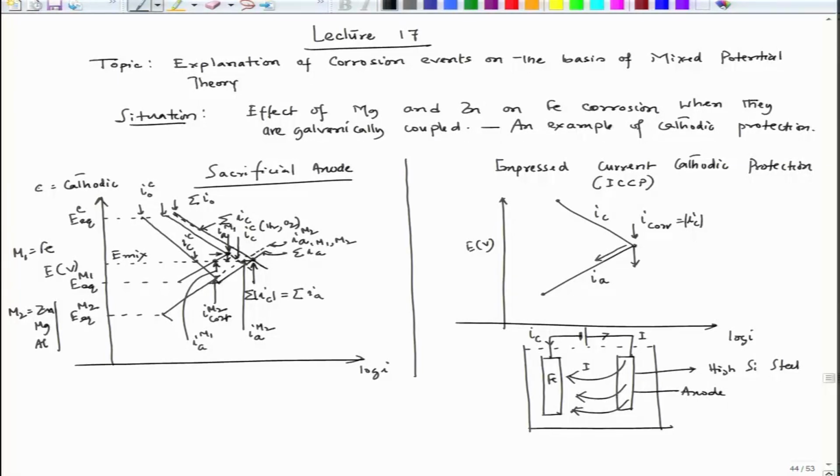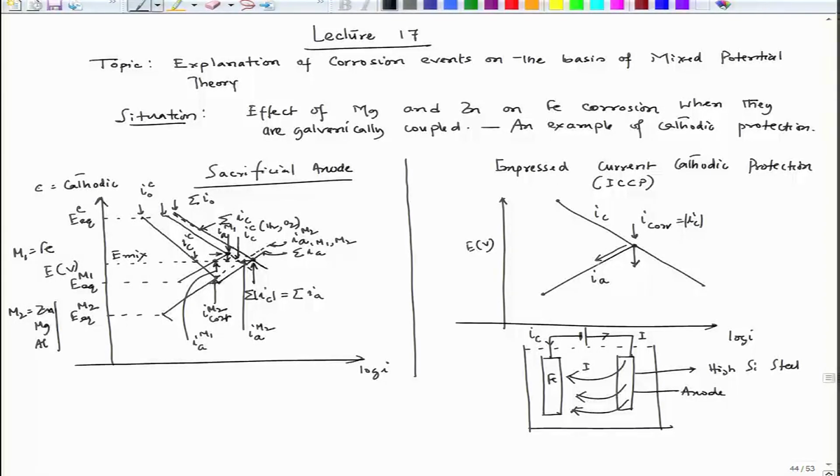So, here, if I take the potential downwards, that means I have to polarize the iron surface towards the negative side, and that means polarize towards the cathodic side. That is basically the cathodic protection. When we do that, if I go to this potential, this is my potential E1.